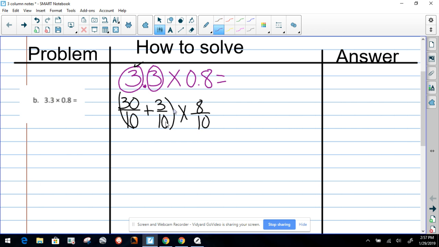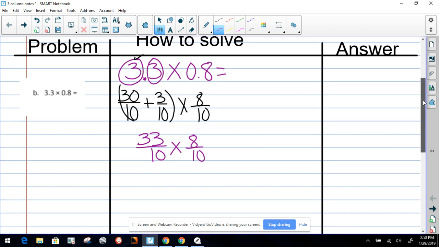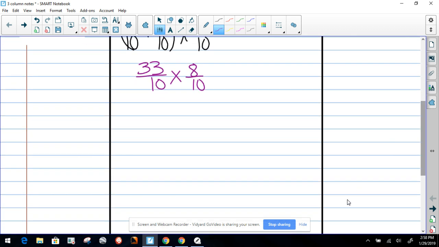If you combine these two, it's going to be 33 tenths times 8 tenths. So now, Eureka module, the math, they're asking us to write it as a unit. So let's see how we write this as a unit.